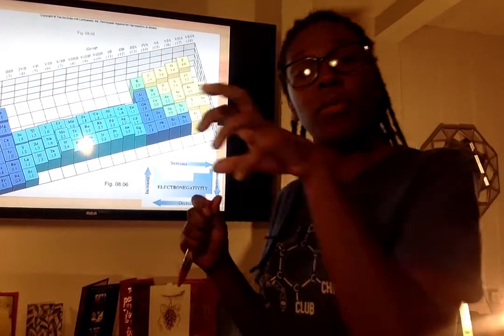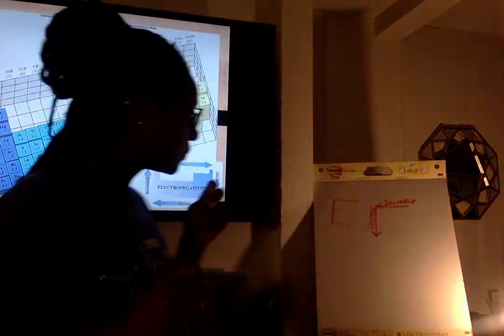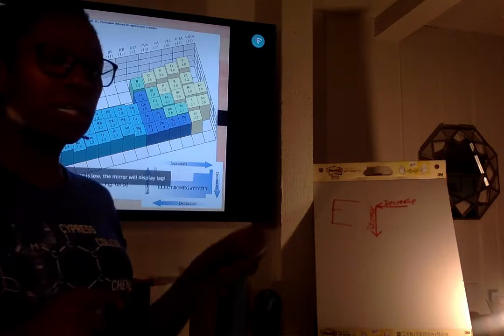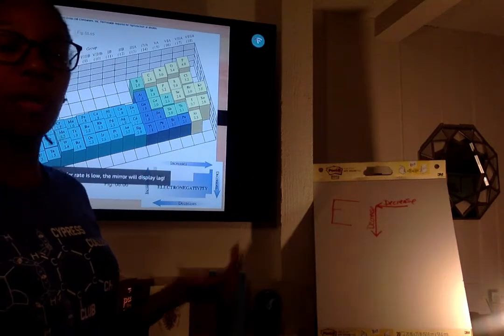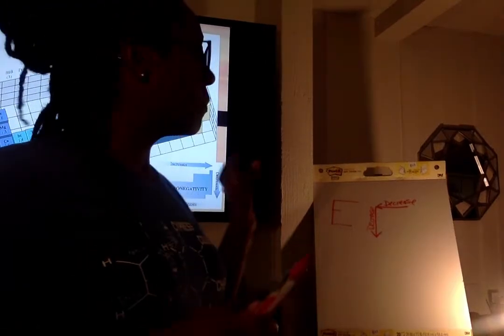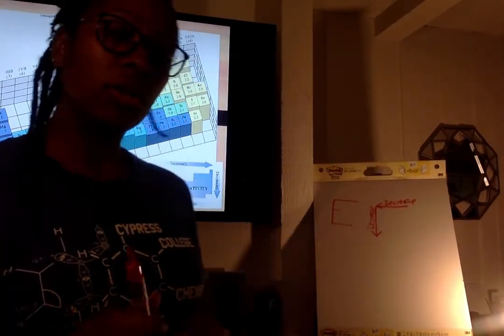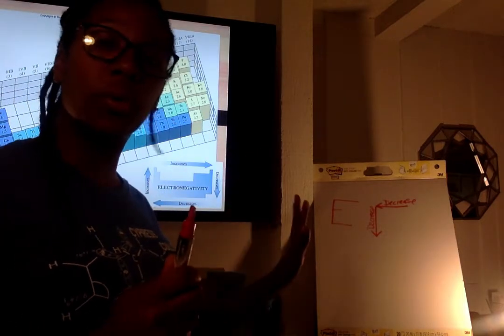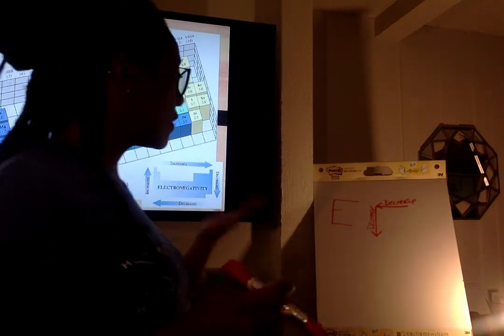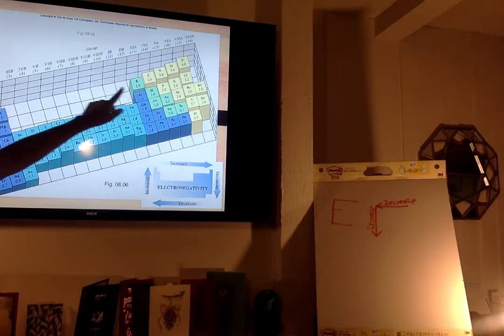That's why you talk about the pull and no pull with covalent bonds. Using this trend, you're able to see which bonds are going to be polar and which are going to be nonpolar, which ones are going to have some sort of pull and which ones are not.